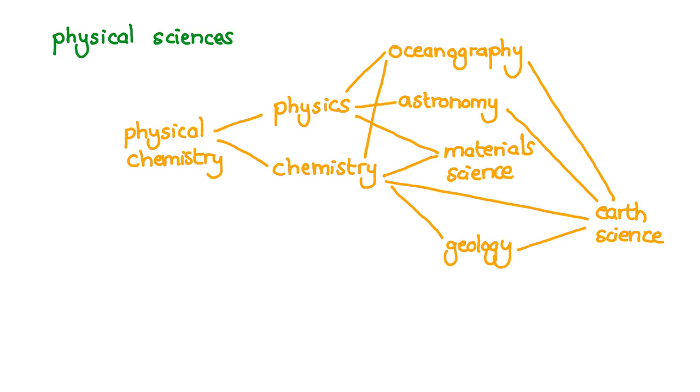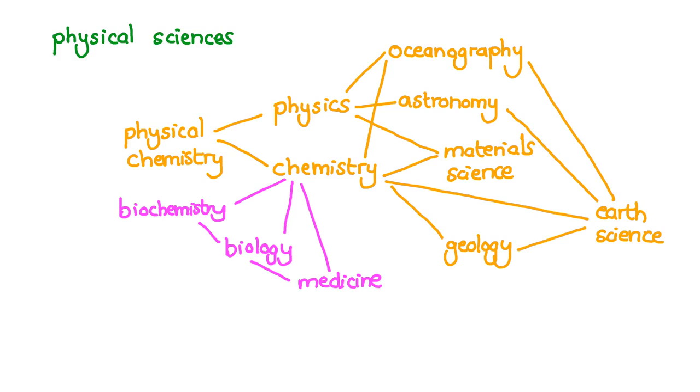A web such as this is perhaps a better way to show how these areas relate to each other instead of a pyramid. We could extend this web far and wide and make it very detailed by adding in all the non-physical science topics shown in pink. These complicated webs are more realistic.